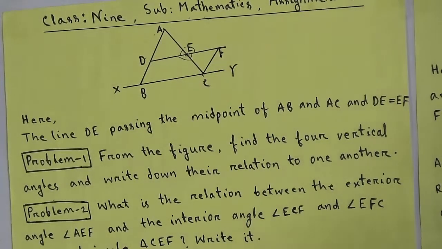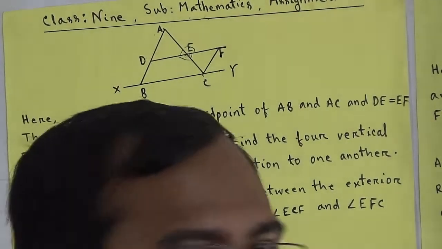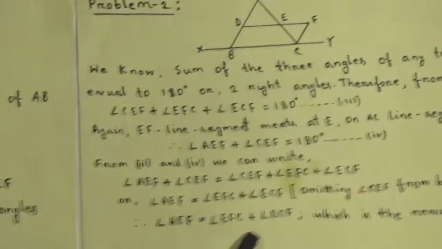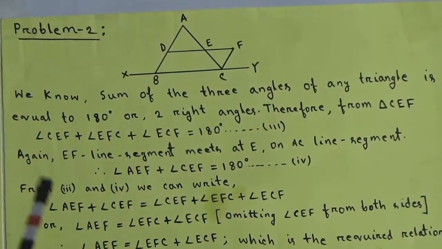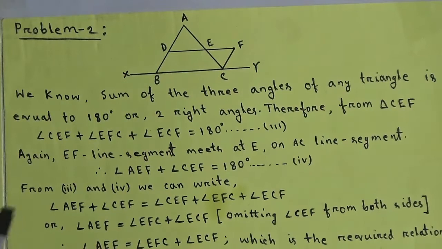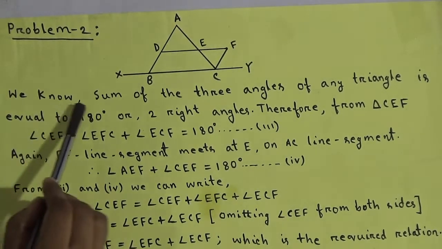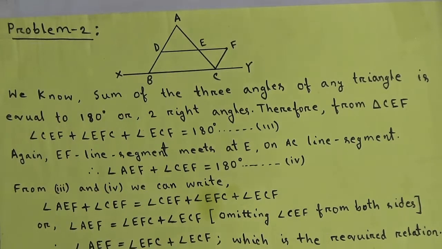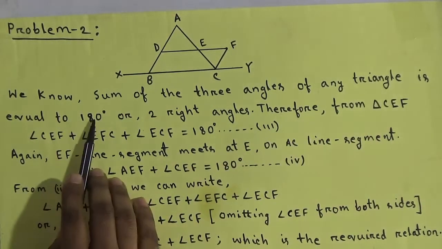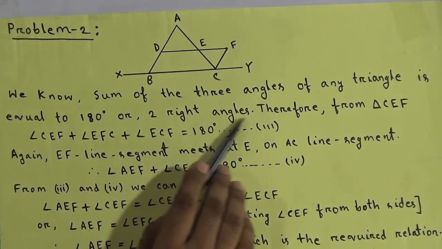Okay, now we'll solve problem number 2. Here is the solution of problem number 2. Dear students, you know that the sum of the three angles of any triangle is 180 degrees, or two right angles.